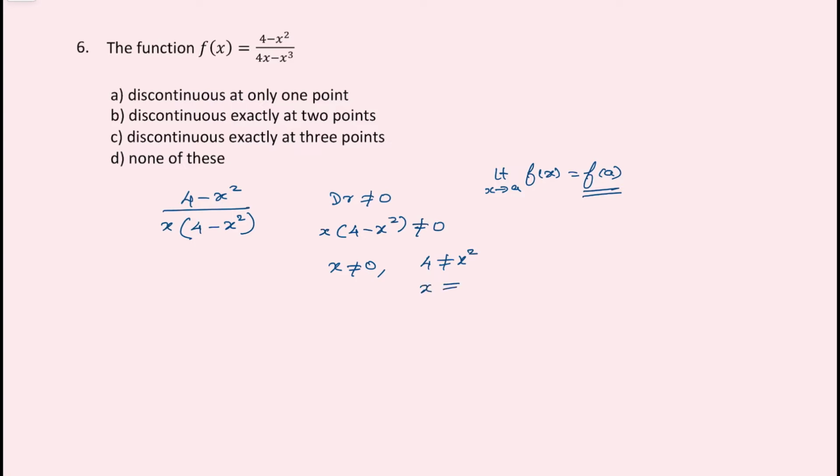That is, x is not equal to plus or minus 2. At these 3 points, when x is 0, 2, minus 2, f of x is not defined. Therefore, it won't be continuous at these 3 points. So the function is discontinuous exactly at 3 points. C option is the correct answer.